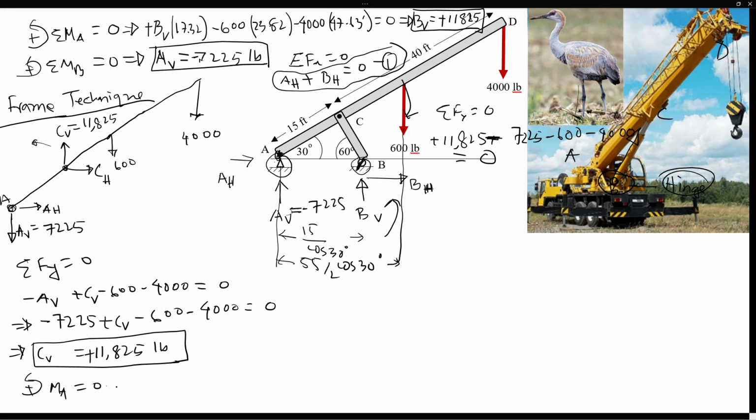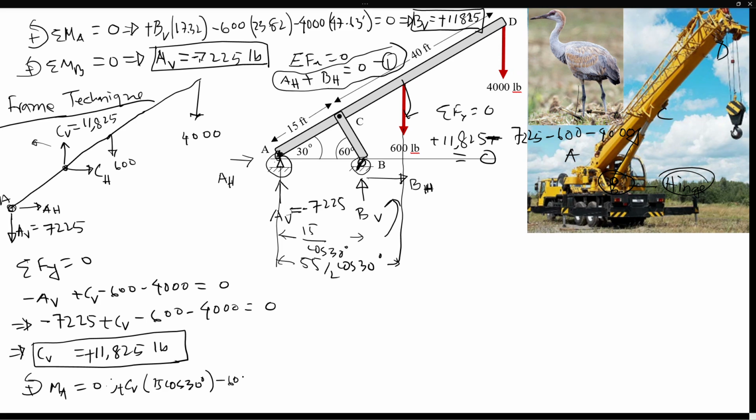So we can write CV times the distance of CB, which will be simply 15 cosine 30 degrees. And that's a positive moment because it's counterclockwise. Everything else will do a clockwise moment.